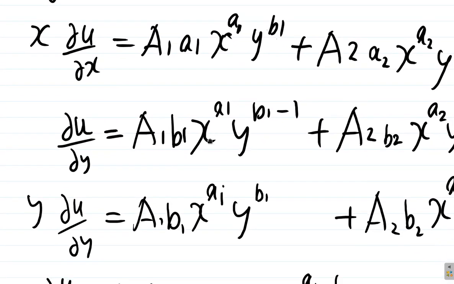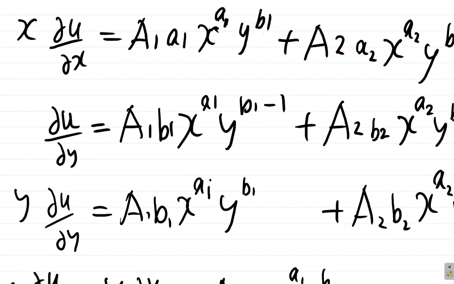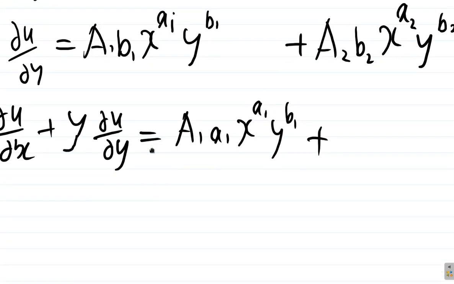We're going to take this and add it to this. We're going to add these directly and see what happens. What we have is a1 b1 x to the a1 y to the b1.